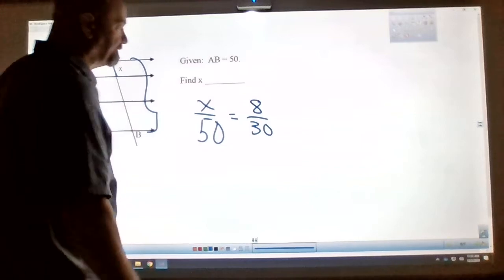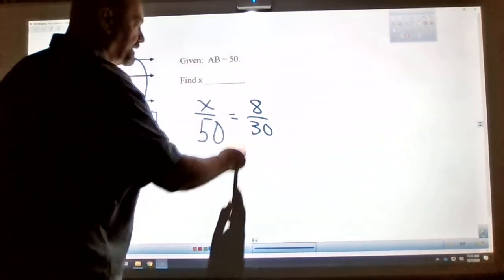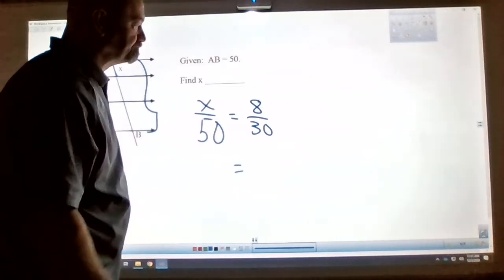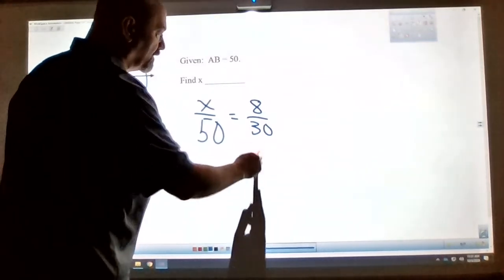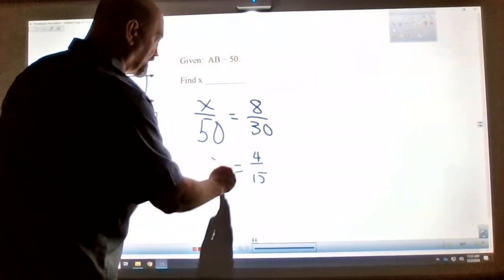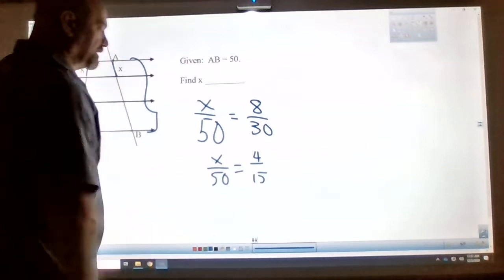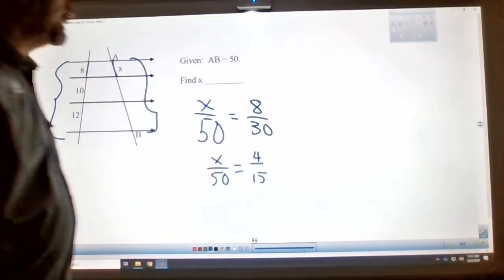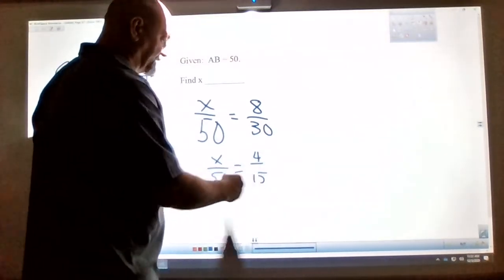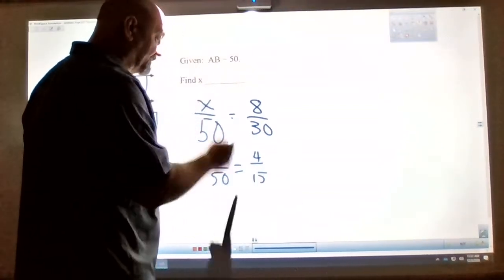Then we would cross multiply in this case because 15 doesn't go into 50 evenly.